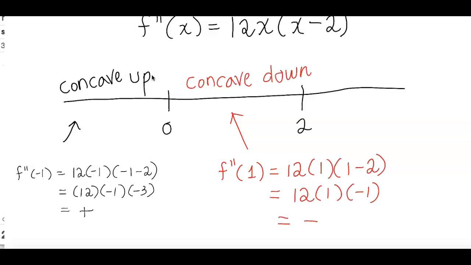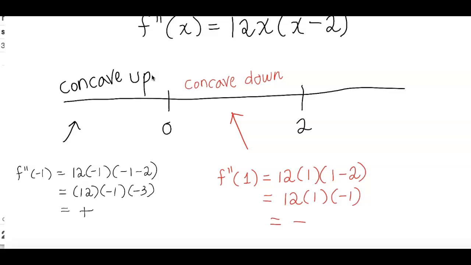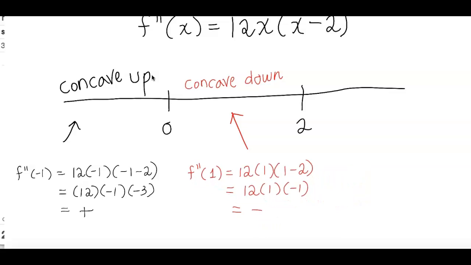So they were right about 0 being a point of inflection because the concavity did change to the left and right of that point 0. Now I need to do one more interval, which is to the right of 2. I will plug in 3 into the second derivative.